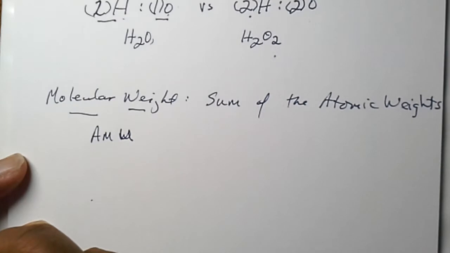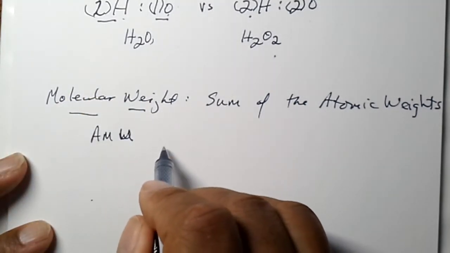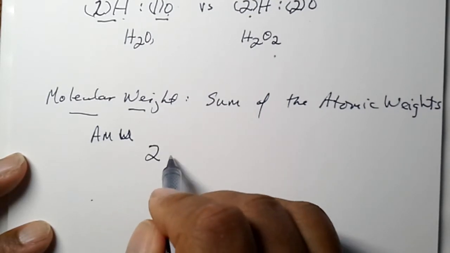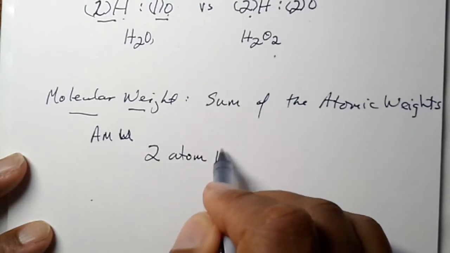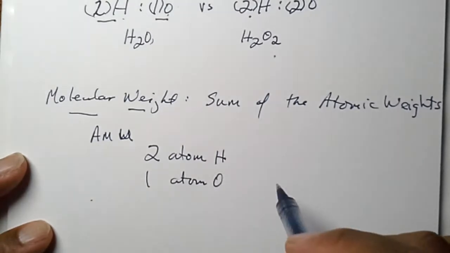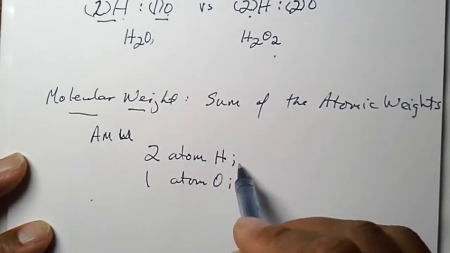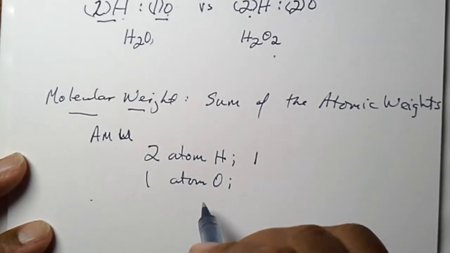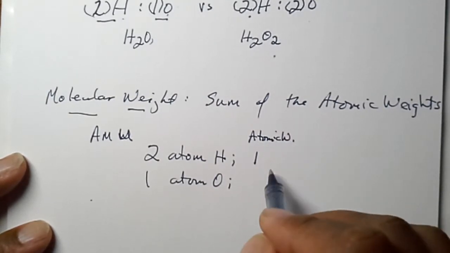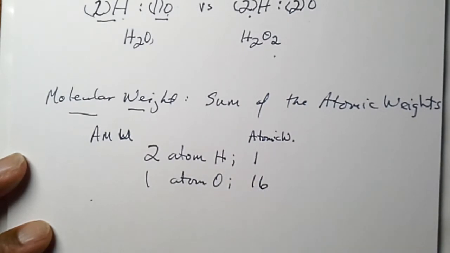All right, for example, I used water before. The molecular weight of water consists of 2 atoms of hydrogen and 1 atom of oxygen. And we all know that the atomic weight of hydrogen is 1. That's the atomic weight. And the atomic weight of oxygen is 16.